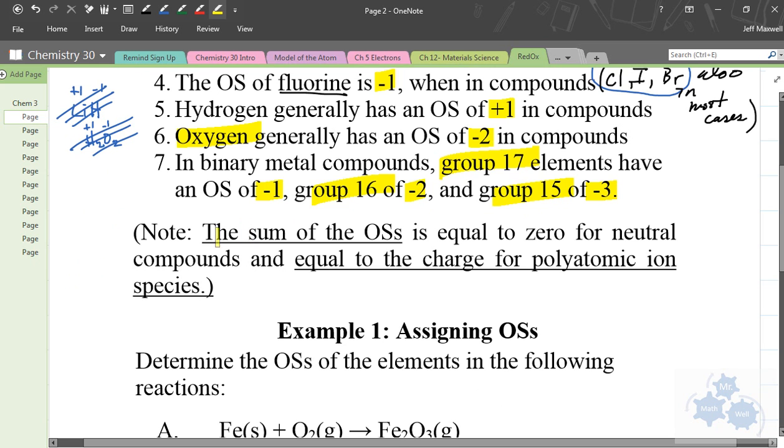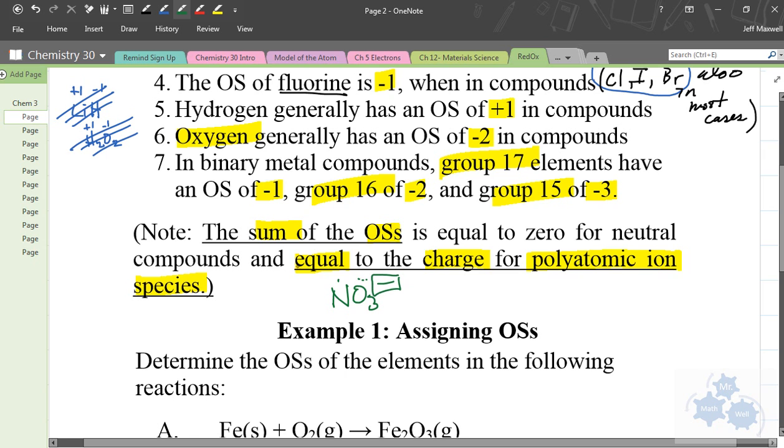All right, the sum of the oxidation states is equal to 0 for neutral compounds, but this one we haven't mentioned yet: the sum of the oxidation states is equal to the charge for a polyatomic ion species. So if you have something like NO3 minus, all of the oxidation states for all of these elements have to equal -1.